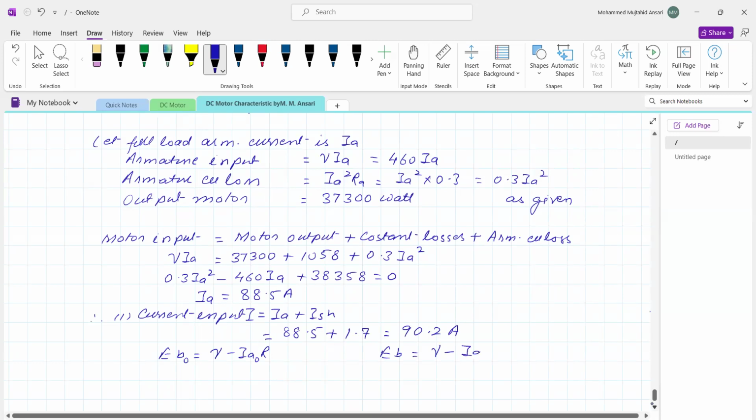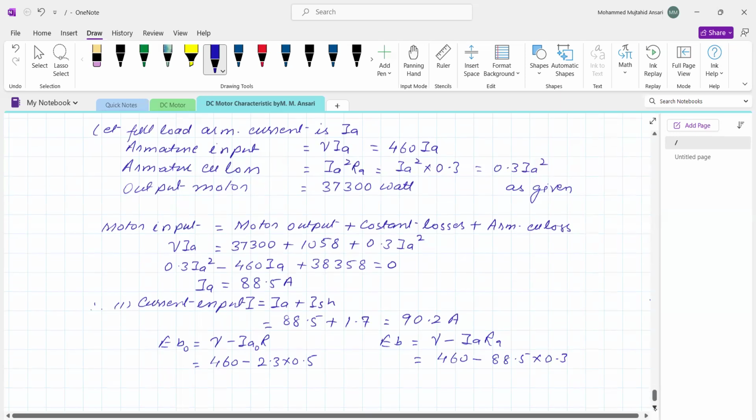So here it is 460 minus the no load armature current 2.3 into 0.3, whereas at load it is 460 minus the armature current 88.5 into 0.3.